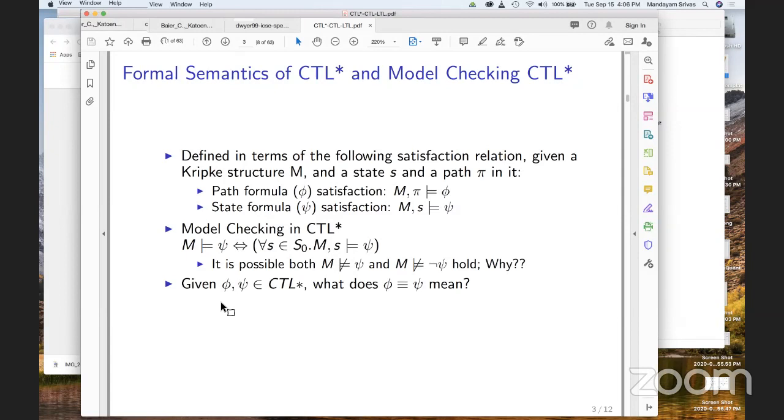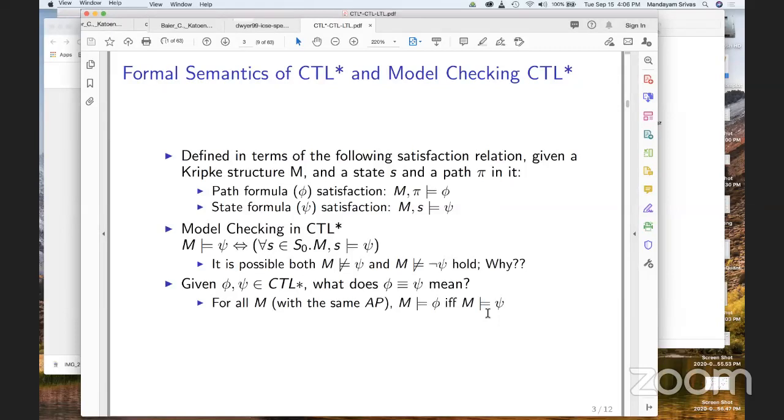Another thing I forgot to mention last time is that we can define equivalence between formulas using this model checking satisfaction relation. When we say that two formulas in a logic are equivalent, what it means is that for all models, of course with the same label set, one formula is satisfied if and only if the other formula is satisfied.